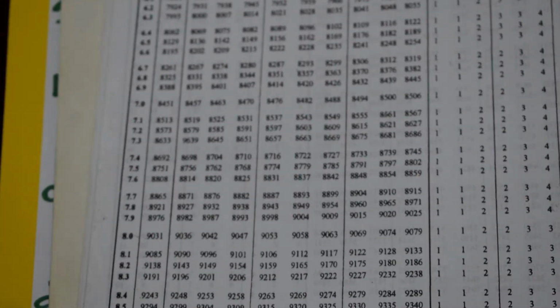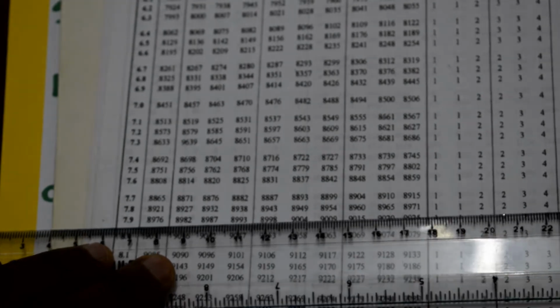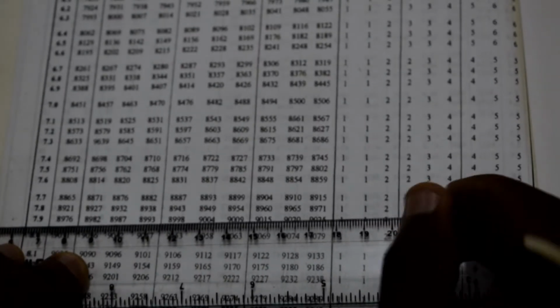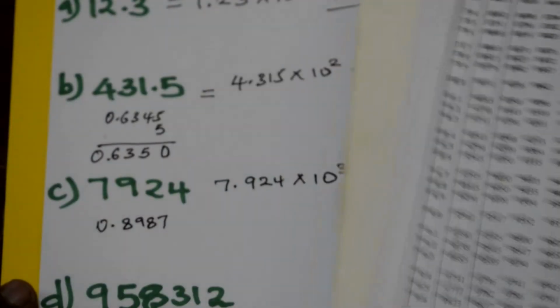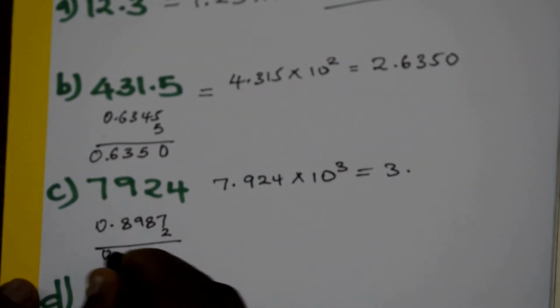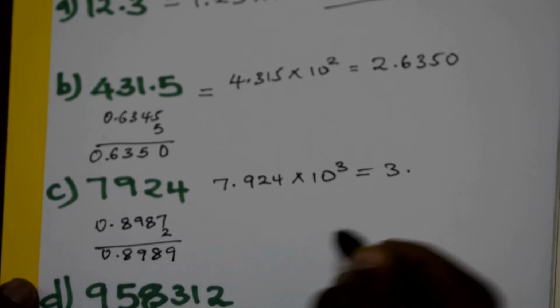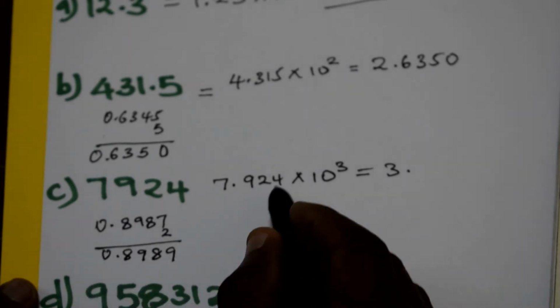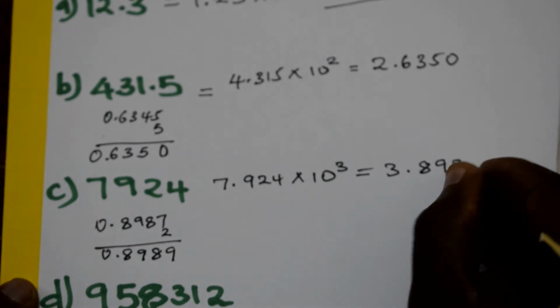Then we go to the mean difference column for 7.924, and we see at 4 we have 2. So we add 0.0002 at the end, and this will give us 0.8989. So this is the log of this one, so the answer will be 3.8989.